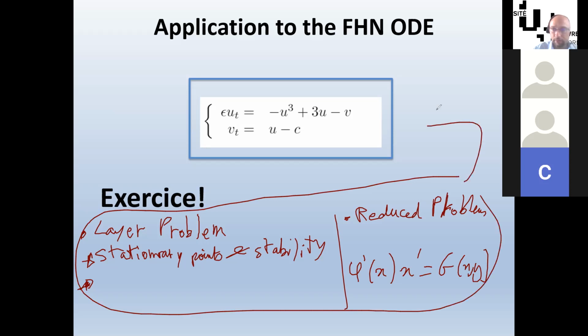In this case, so sorry, it's not a y, but it's a phi of x. So here it's a phi of x. All right.